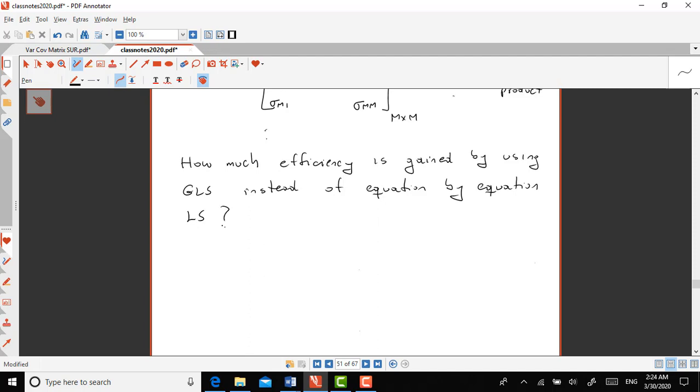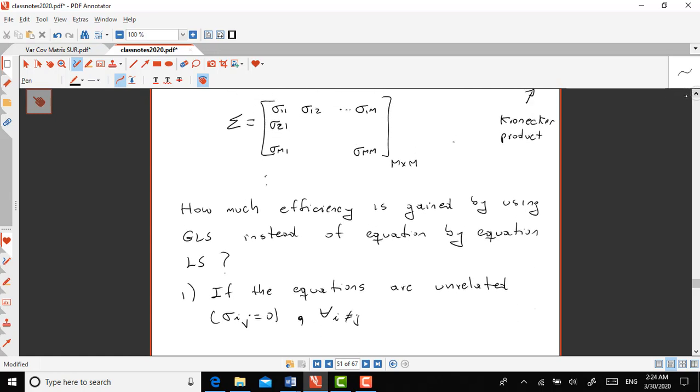Well, if the equations are unrelated, basically if all those coefficients sigma_ij are equal to 0 for i different than j, because only the correlations, the off-diagonal elements of this matrix, matter.